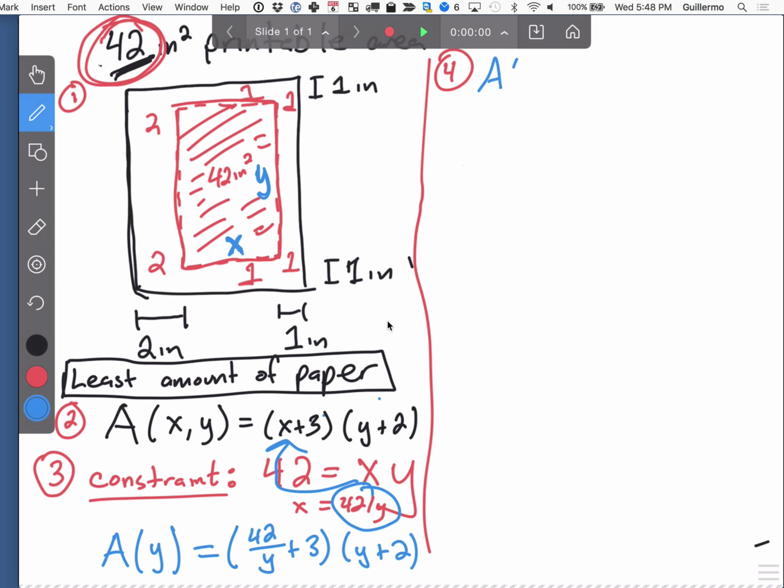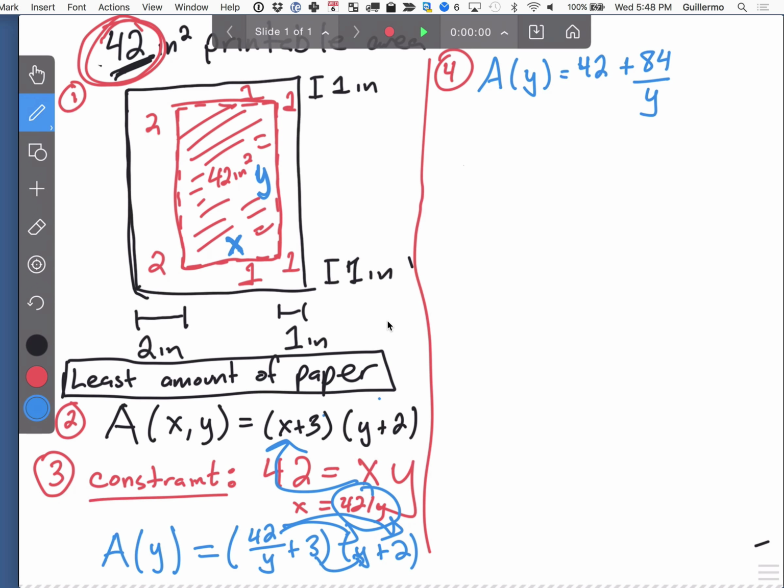And I guess I'll write it down up here. Yeah, I might as well distribute it, no? What do you guys think? So if I distribute this, what would I get? I would get 42 plus 84 over y, right?